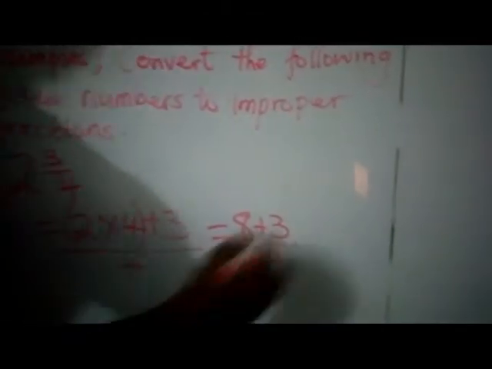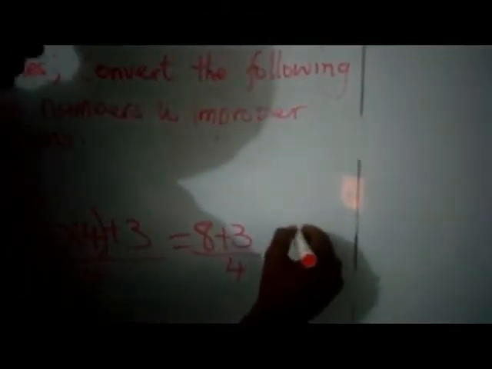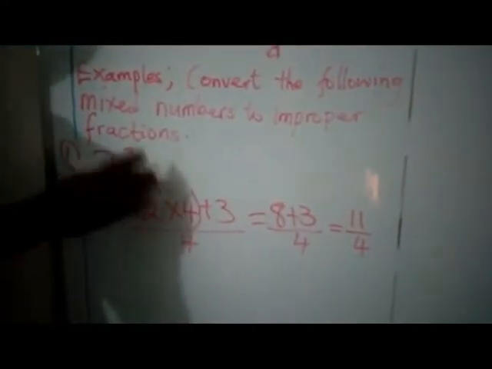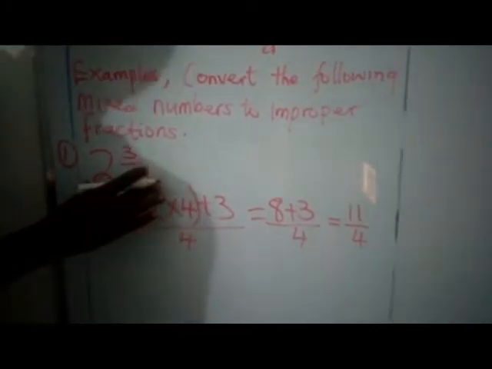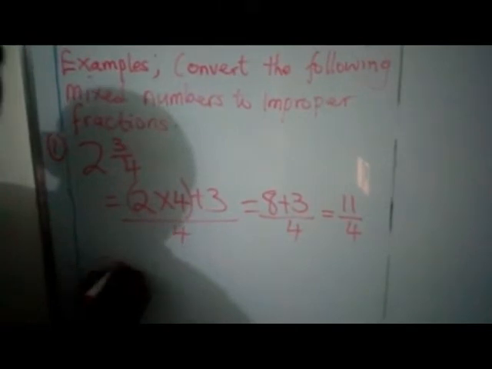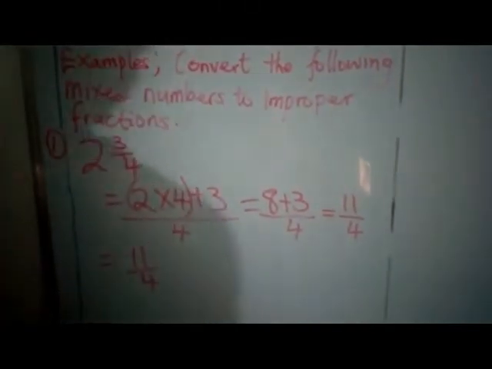We now add 8 plus 3, which gives us 11 over 4. So our final answer is 11 over 4. Therefore, 2 and 3 over 4 as a mixed number gives us 11 over 4 as an improper fraction.